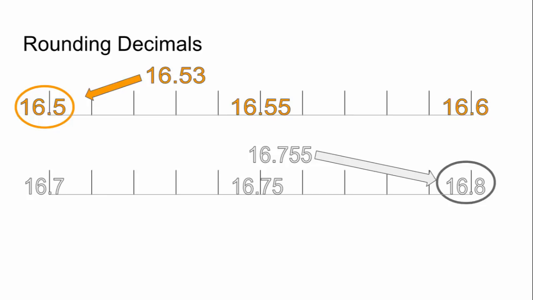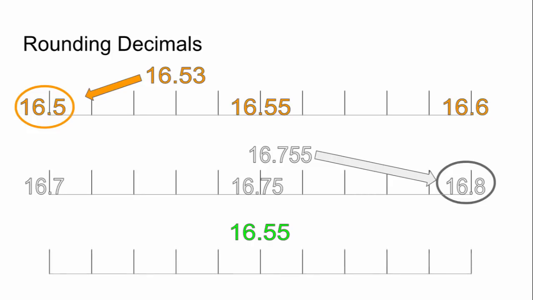Well, we have one more, and this one is 16 and 55 hundredths. Now, if you're thinking that looks familiar, very observant of you, the first number that we had was in a similar range. So we're going to draw our number line again, and on the left we're going to put 16 and 5 tenths, and on the right 16 and 6 tenths.